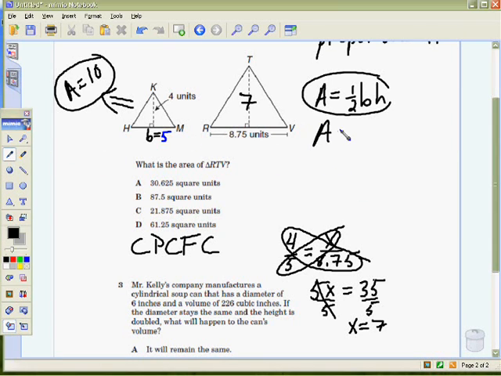My area is equal to 1/2 times the base, which is 8.75, times the height, which is 7.